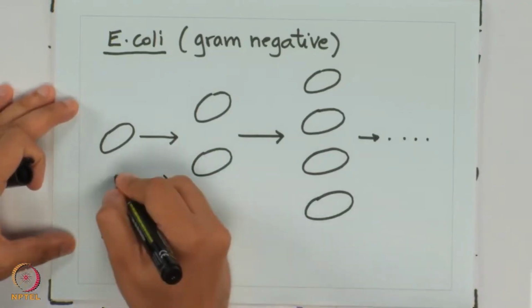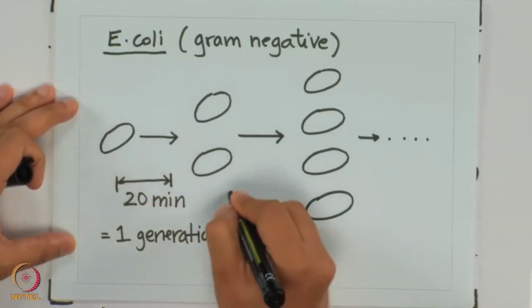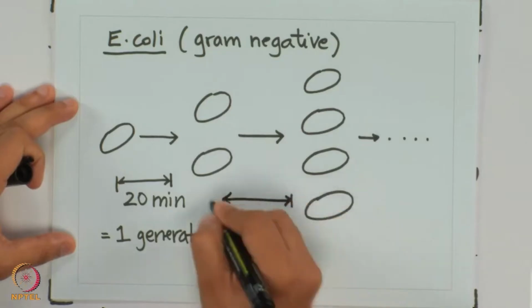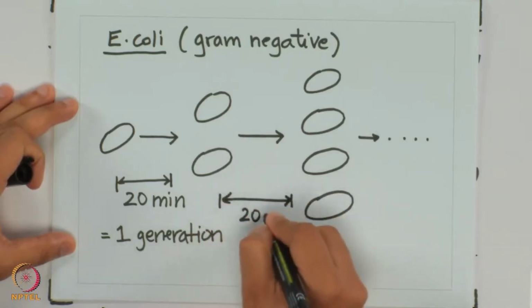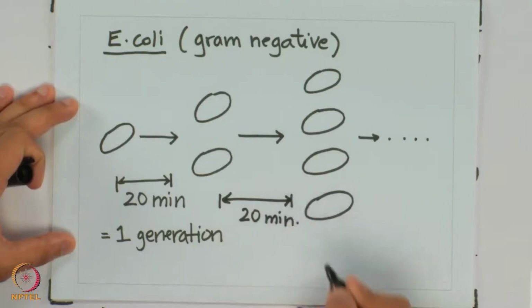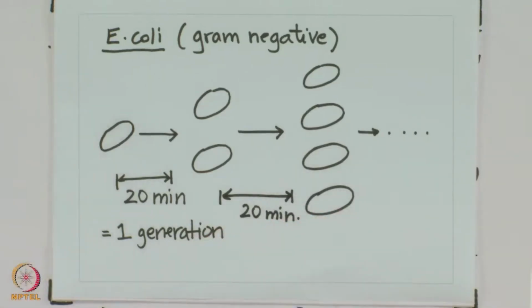So this time is 20 minutes, this time is also 20 minutes. This is the dynamics of reproduction that's happening in growth of an E. coli cell.